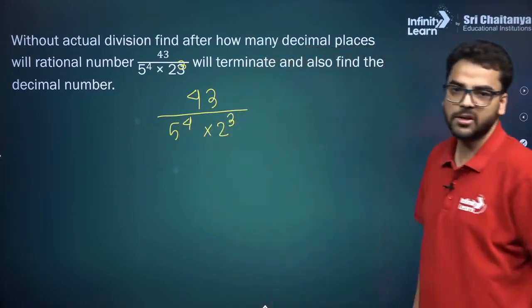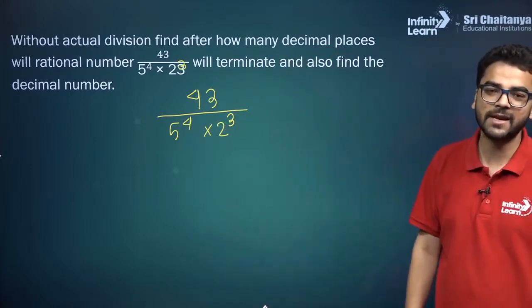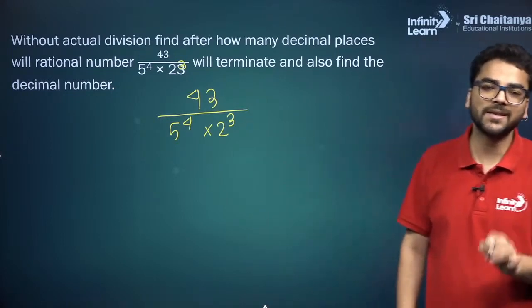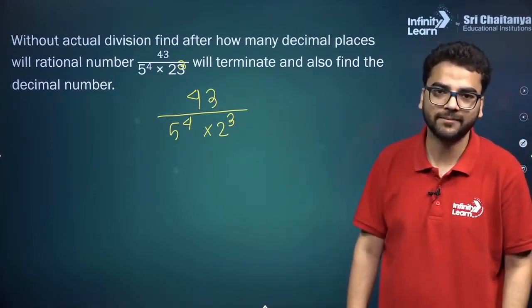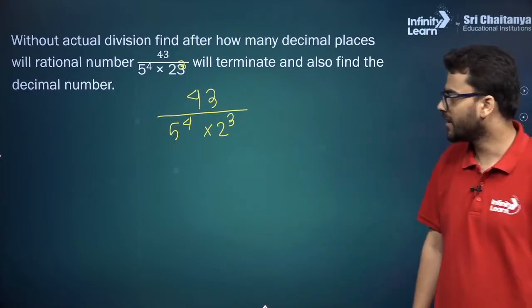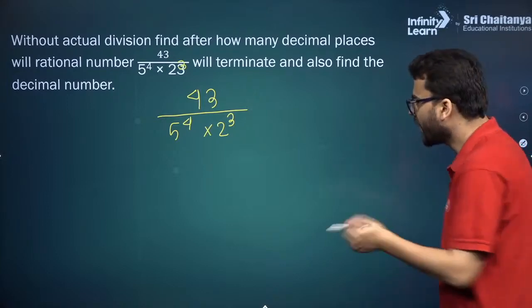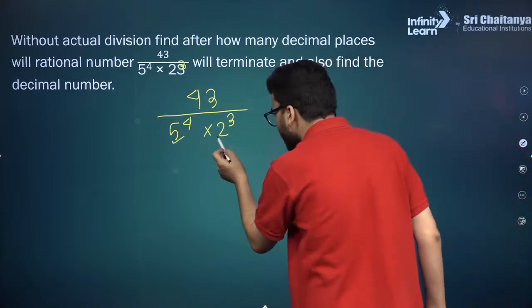You don't have to represent it, you just have to tell after how many places of decimal it will terminate. So you just have to use basic logic of mathematics. How do you actually divide? Over here you are having 5 and 2.